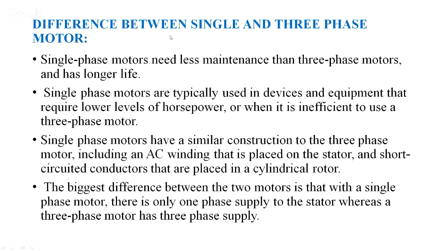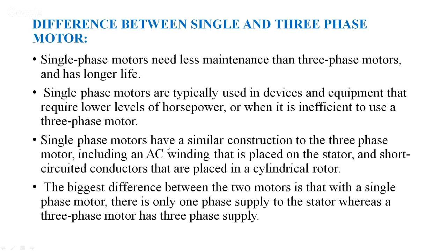Single-phase motors need less maintenance when compared to three-phase motors and have a longer life. Single-phase motors are typically used in devices and equipment that require lower levels of horsepower or when it is inefficient to use a three-phase motor.